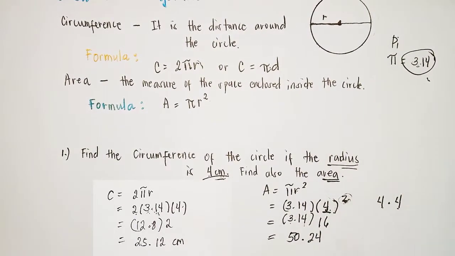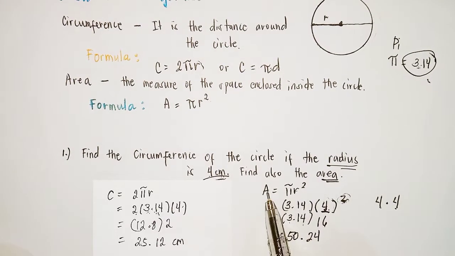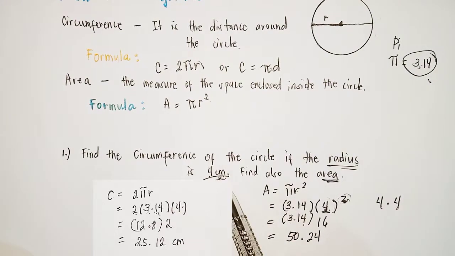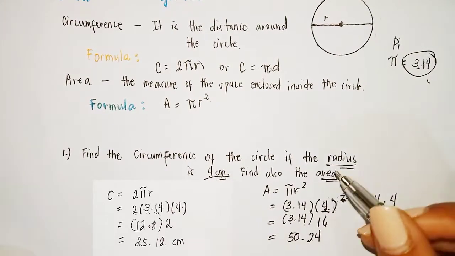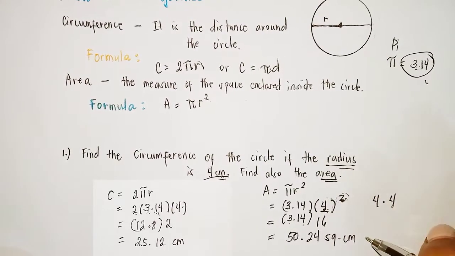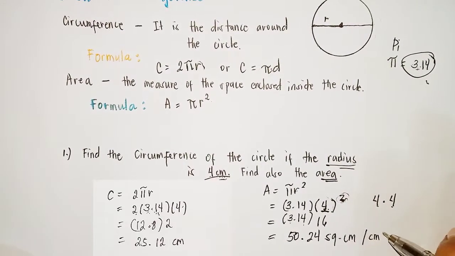And, wag niyong kakalimutan, lagyan ng label, no? Sana all may label. De joke. So, when you're going to put a label sa area, palagi nyo siyang lalagyan ng square. Di ba dito, centimeter siya. Therefore, ang area niya is square centimeter. Pwede din ganito, pwede din ganyan.